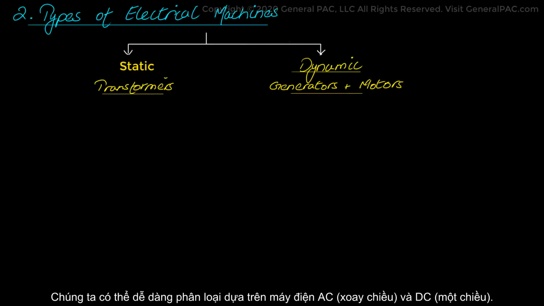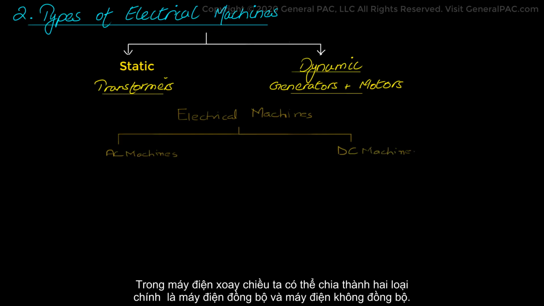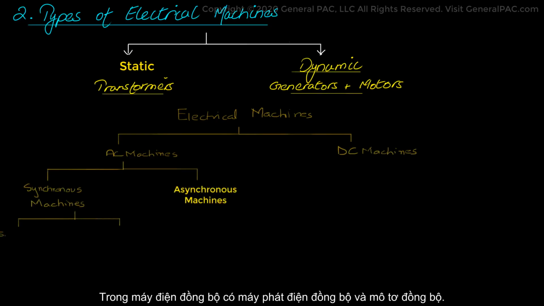Well, it's quite conceivable to categorize electrical machines based on AC and DC. Here, the AC machines can be divided into two main types. There's the synchronous machines, and then there's the asynchronous machines. In synchronous AC machines, there are synchronous generators and synchronous motors.